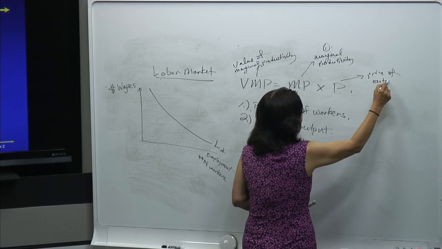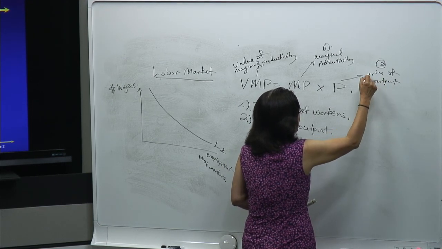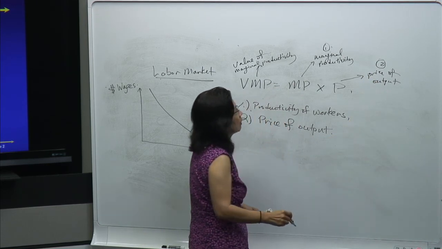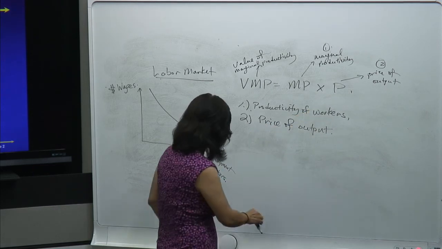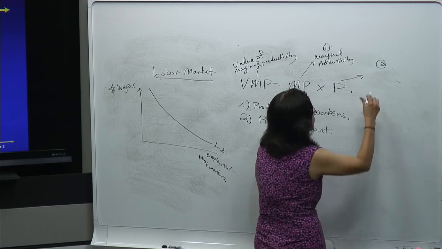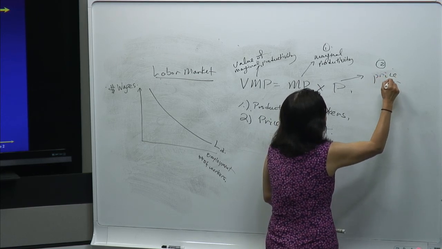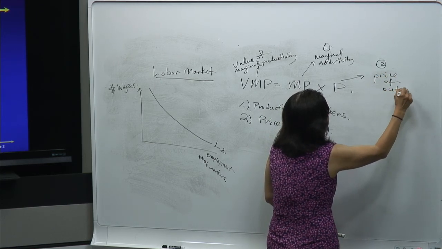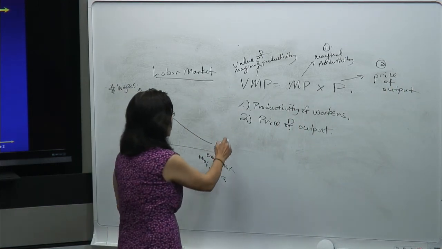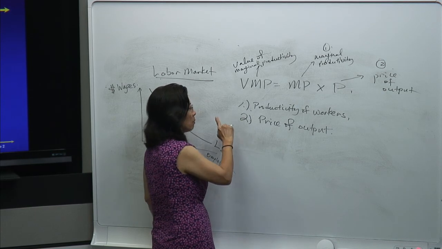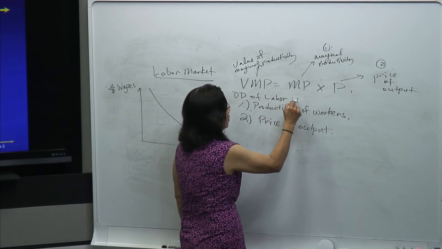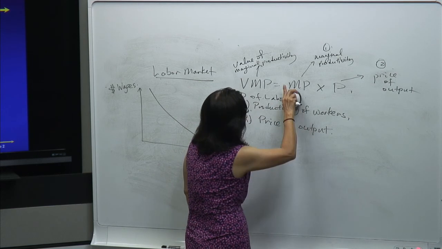I hope you write this down, which will be your number 2. Sorry about my handwriting, but that's the price of the output here. Let me rewrite this a little bit better for you. Price of output here. So in other words, these two things determine the demand of labor.